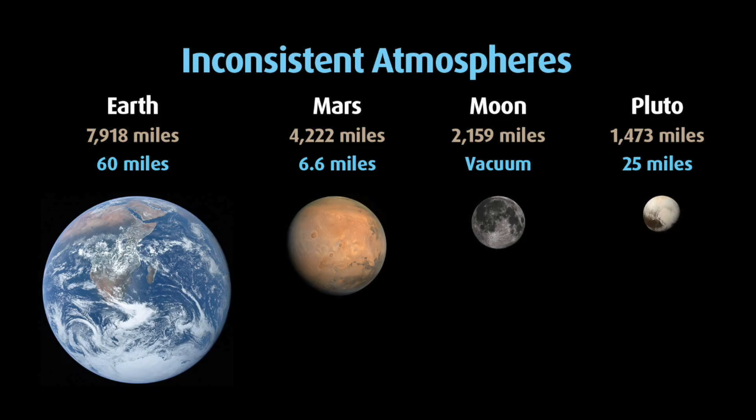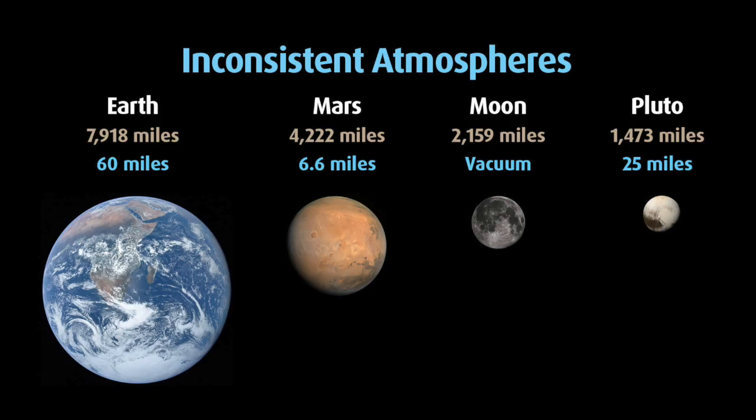We have inconsistent atmospheres in our solar system that don't make any sense. Earth has a diameter of almost 8,000 miles, and it has an atmosphere that's about 60 miles thick from the surface to what we would consider outer space. Mars is about half the diameter of Earth, and it does have a very faint atmosphere, but not much, and it only goes up about 6.6 miles.